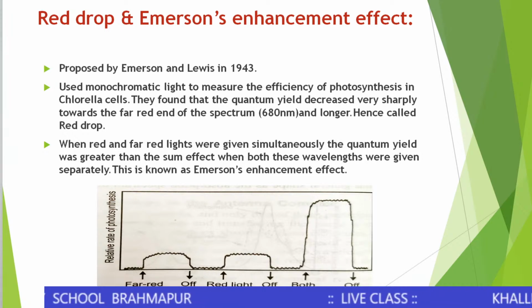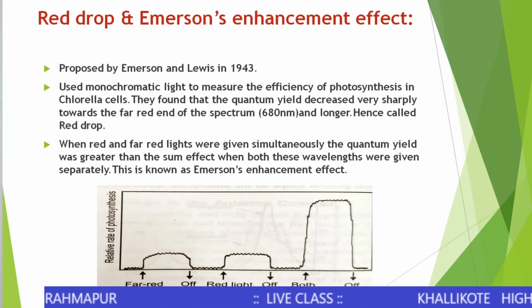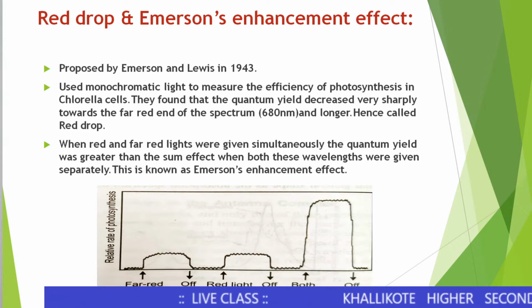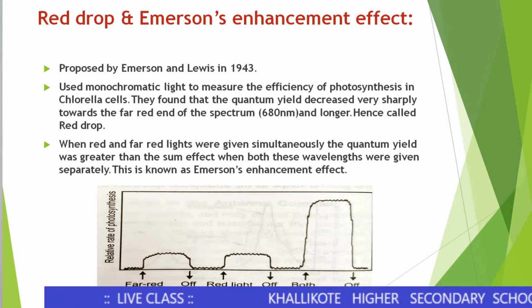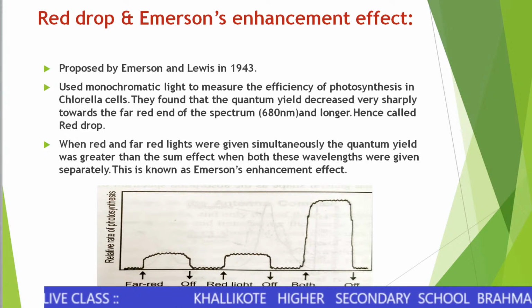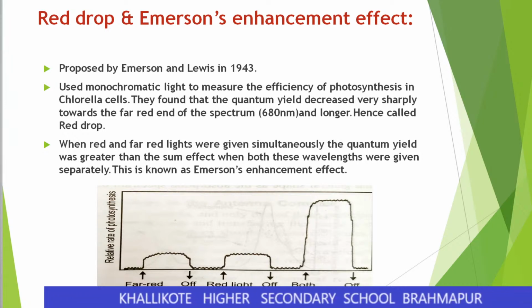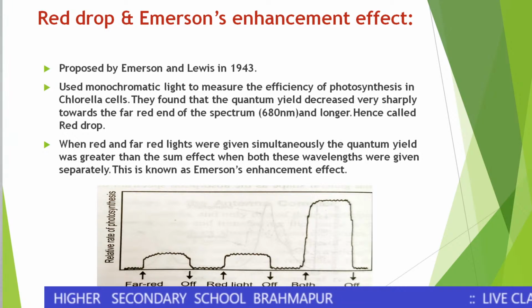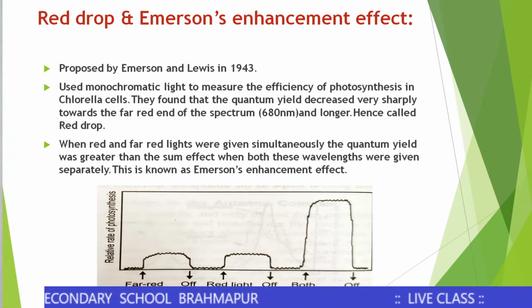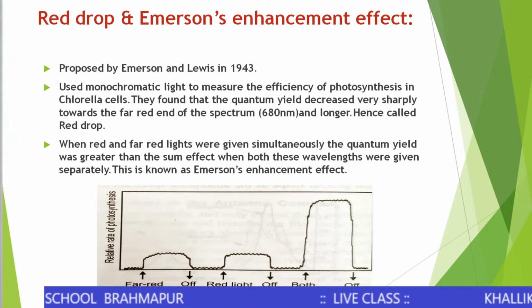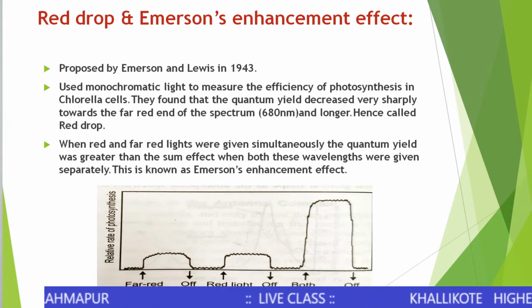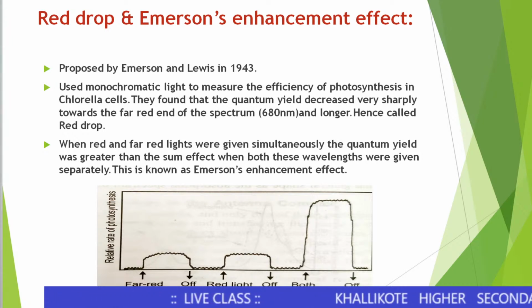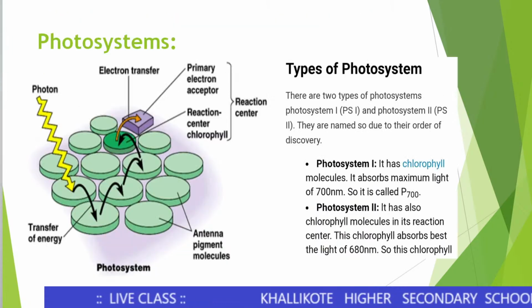Later it was found that these pigment systems are collectively called the photosystems, organized in a definite manner in the thylakoid membrane. For harvesting the light, there is a requirement of photosystems which can harvest the light energy.